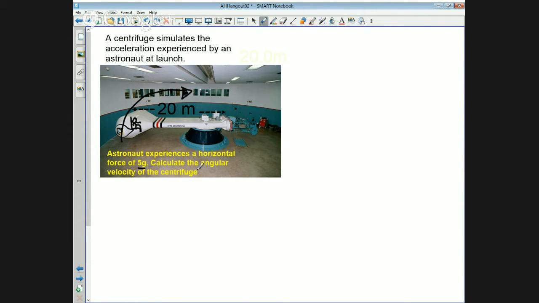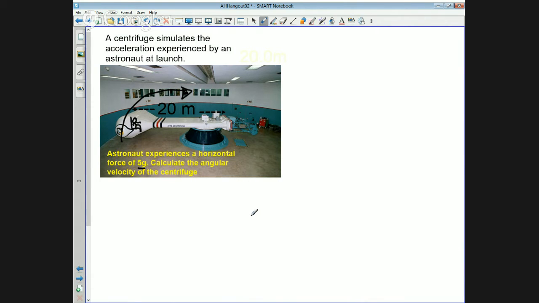So this big contraption will spin round here and give that astronaut the feeling that he's 5 times heavier than he was, or press him 5 times more into his chair than normal gravity would. And the question is, calculate the angular velocity of the centrifuge in this particular case.